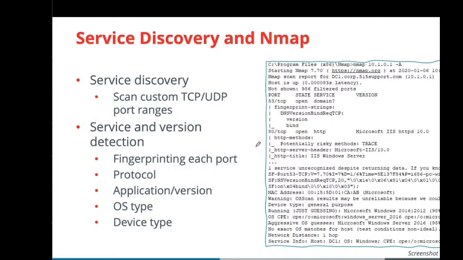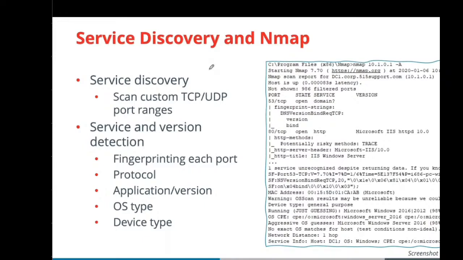Then you have service discovery in Nmap, using switches with Nmap to perform service discovery.